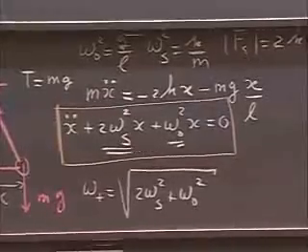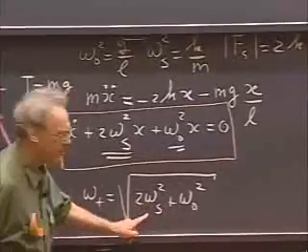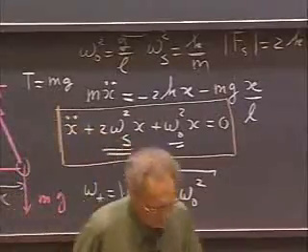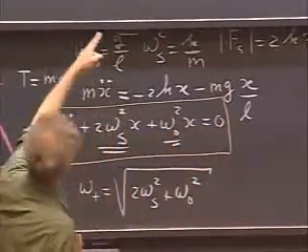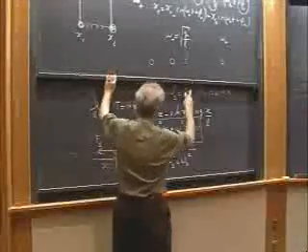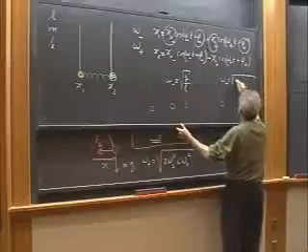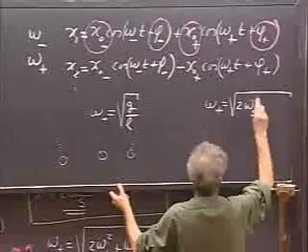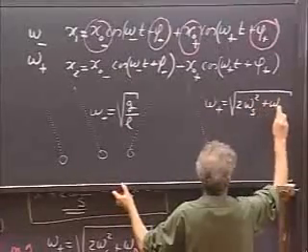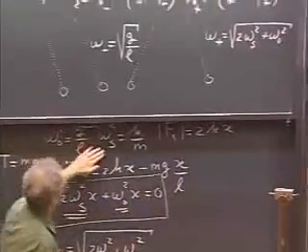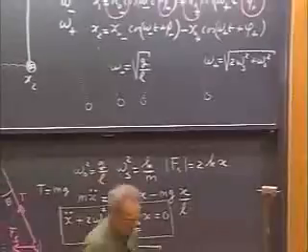It is larger than omega 0, because this is the effect of the spring. And omega s squared is defined this way.